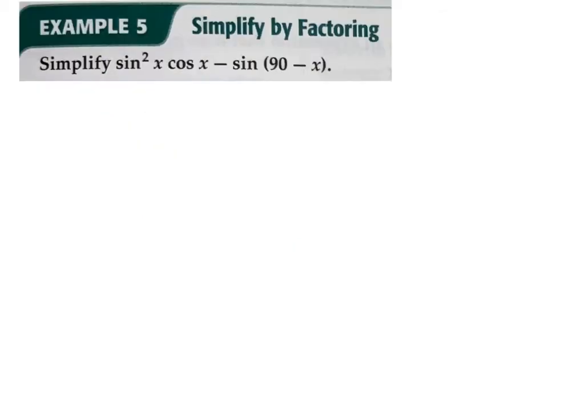All right. So for this one, we're going to use a couple of different properties here. The first one, when you look at this, is going to be this guy right here, the sine of 90 minus x. If you look back on page 314, 90 minus x or pi over 2 minus x, that's your cofunction identity.